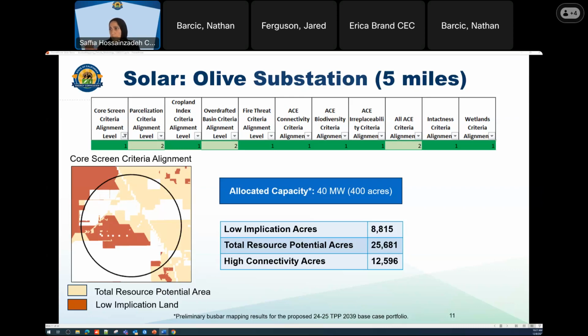And the light tan area and the dark area together form that total resource potential area. And that is reported in the busbar mapping dashboard and in the list of metrics that we supply to the CPUC as a very fundamental calculation.